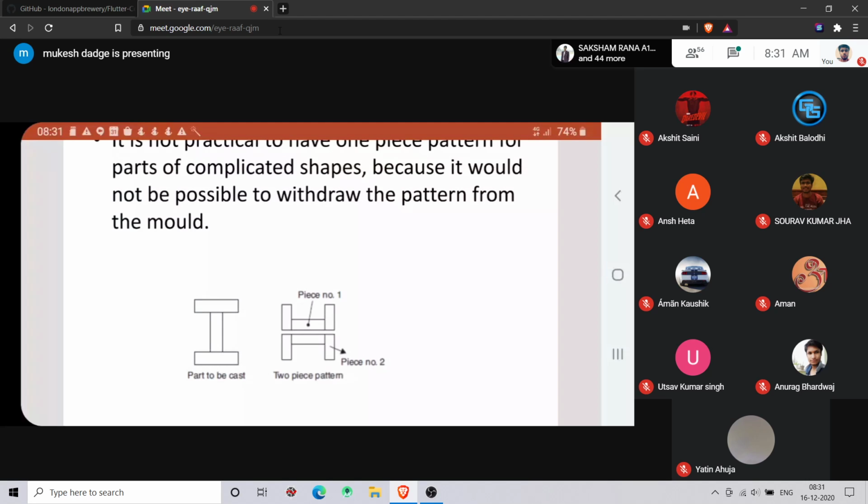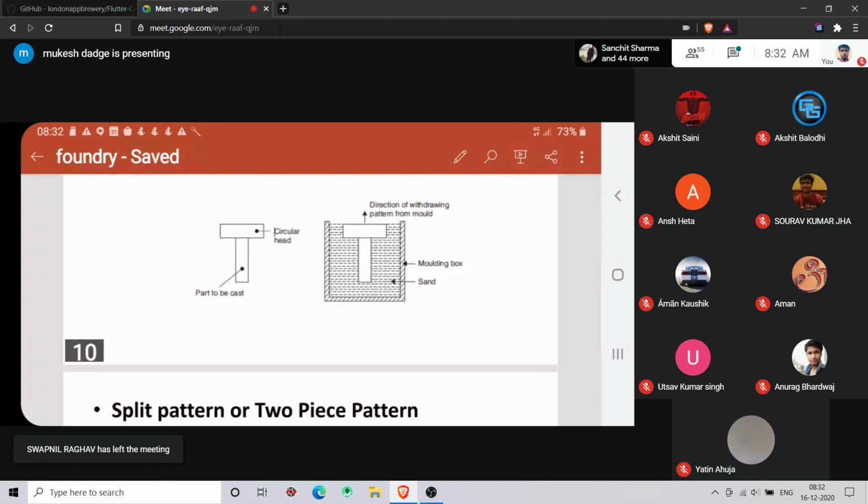They are generally made for complicated shapes. So if you put this I section in the sand and you want to withdraw it from the mold, just like the single piece pattern, suppose you are making an I shape.